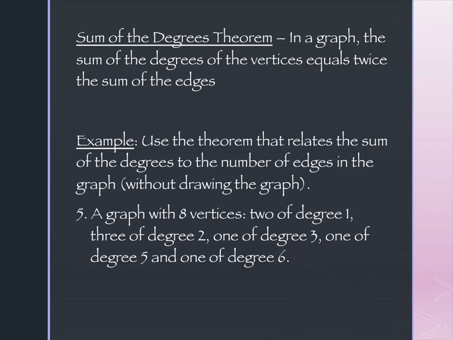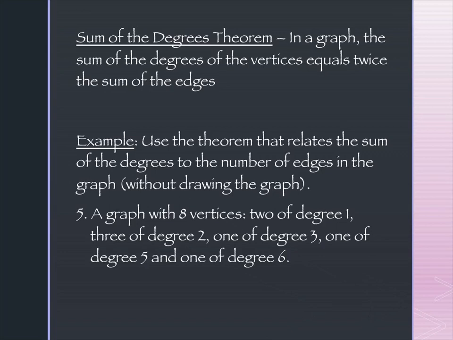So this one tells us to use this theorem and find the number of edges. So we have a graph with 8 vertices. Of our 8 vertices, 2 of them are degree 1, 3 of them are degree 2, 1 of them is degree 3, 1 is degree 5, and 1 is degree 6. So it's like we had that picture before, but it just listed them, right?